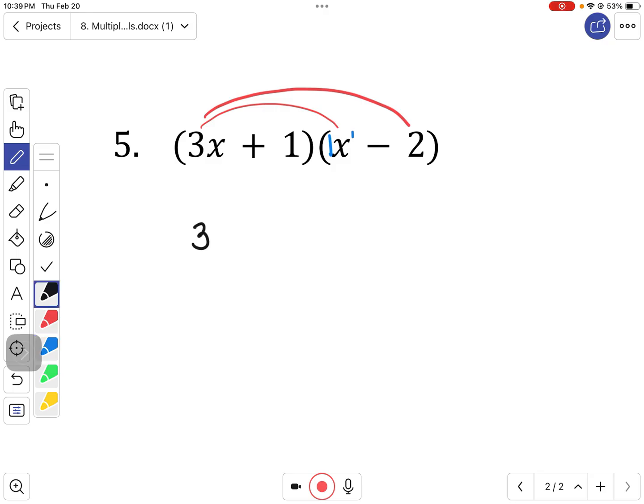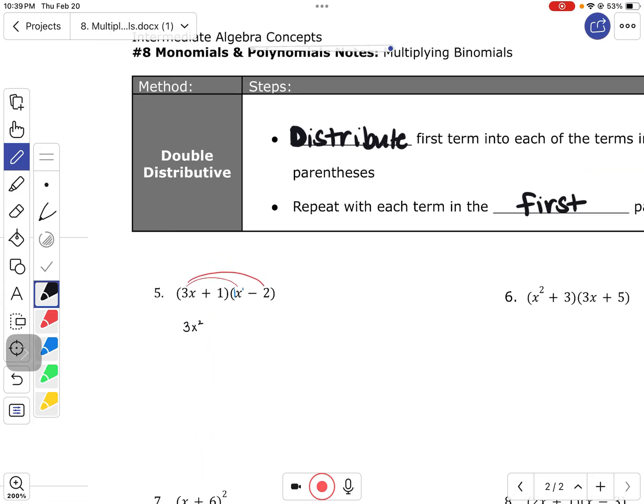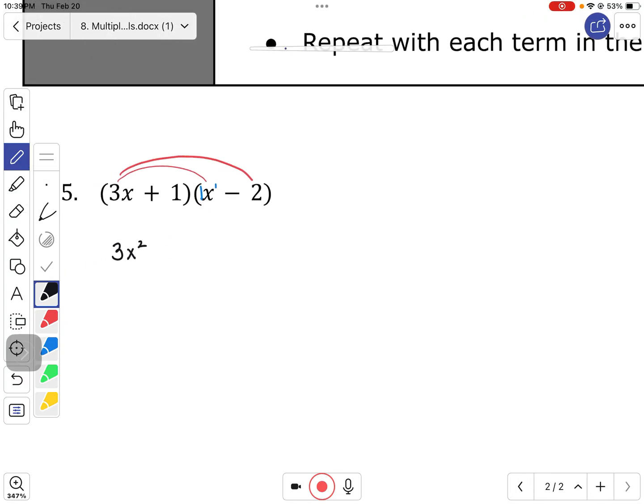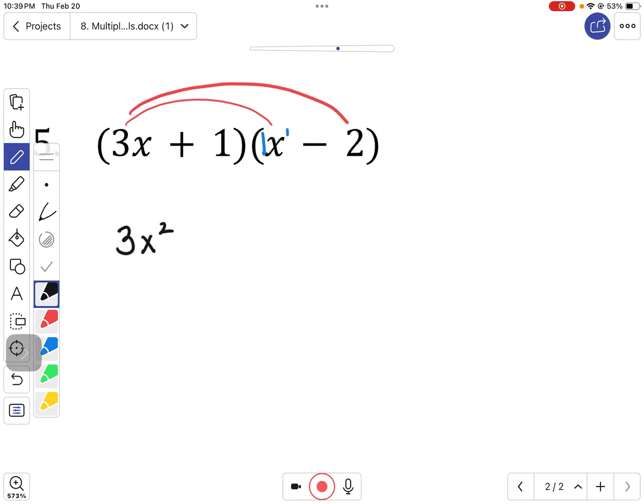And then I have x times x and I get x squared. Okay? So we did the first part. Now, our second thing says we're going to repeat with each term in the first parenthesis. So we did it with our 3, but we also have that 1 in that first set of parentheses. So now we want to distribute this 1 to both parts.